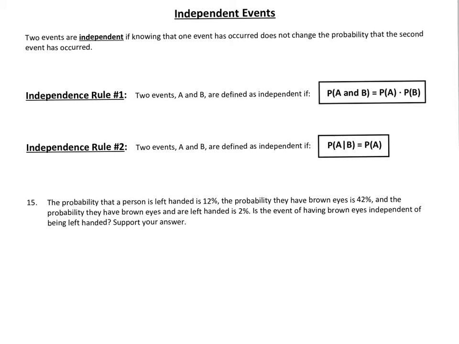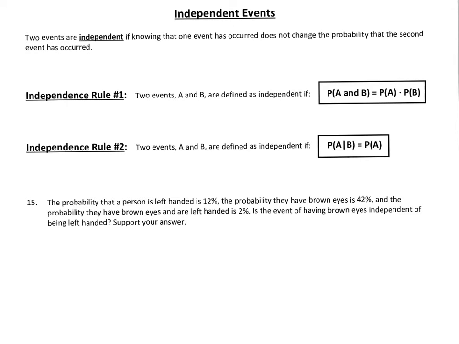I'm going to actually start with the second rule right here. It says two events, A and B, are defined as independent if the probability of A given B is equal to the probability of A. So what that means is if we're given B, if we want to find the probability of A occurring given that B occurs, it's just going to be equal to the probability of A. Because if A and B are independent of each other, it doesn't matter what the probability of B is.